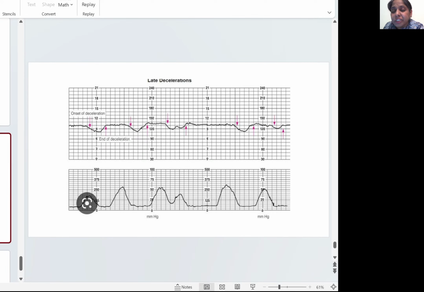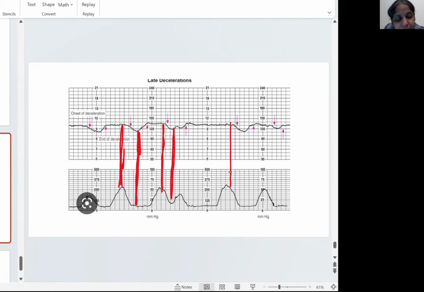What are late decelerations? Late deceleration means the deceleration is coming after the contraction. You can see here, this is the contraction peak and this is the deceleration dip. First the contraction peak comes, then the deceleration dip comes. Again, this is contraction peak, this is deceleration dip.